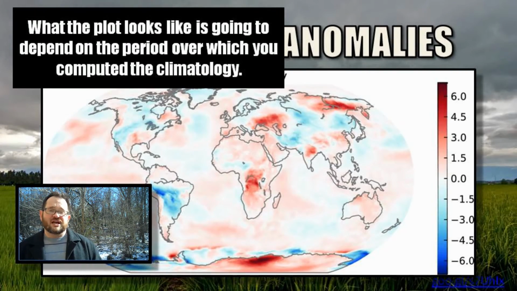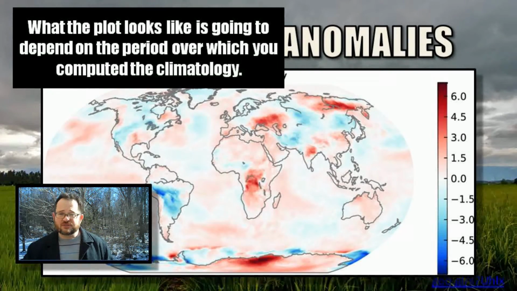If our climatological average had been, say, pre-industrial, before we began releasing greenhouse gases into the Earth's atmosphere in the mid-1800s, well, the temperature of the planet would have been considerably lower, and these temperature anomalies would seem even bigger. These anomalies would be even greater compared to whatever the average temperature was in, say, the early 1800s. So what the temperature anomalies look like does depend on what you chose to be the normal or the reference temperature that you're comparing them to.